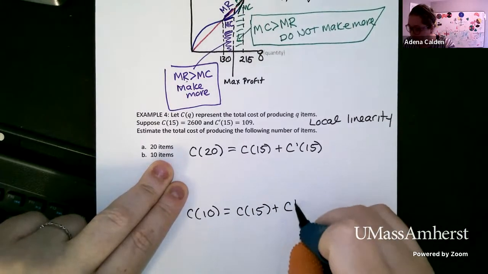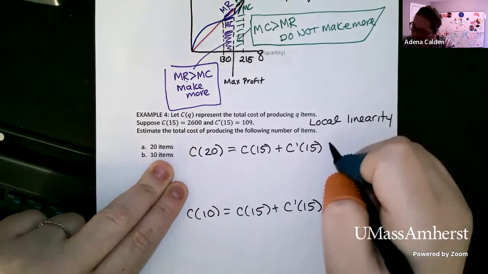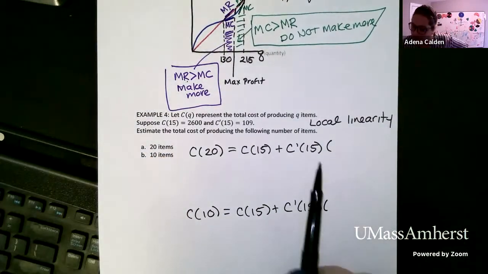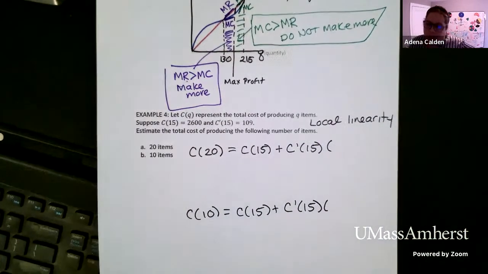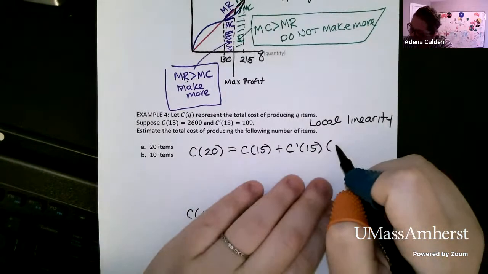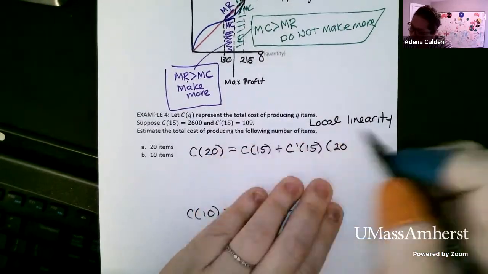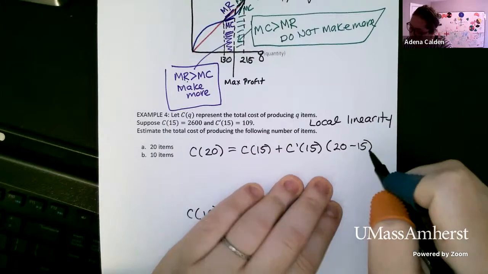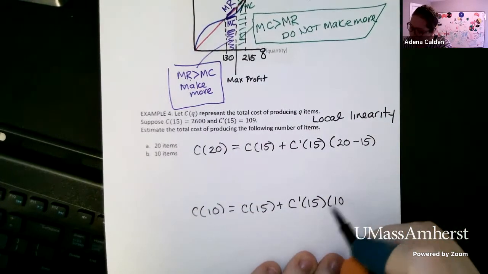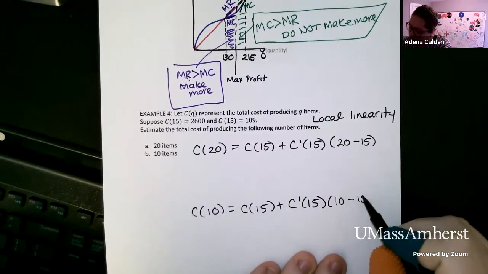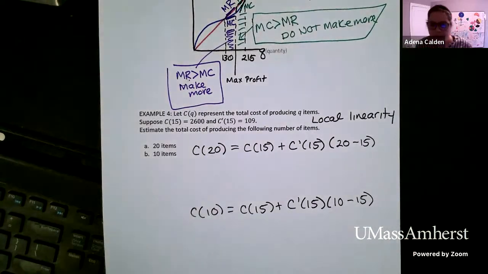That's the information we have. But then we have to multiply the derivative by how far away we're looking. And we said order is important. So here we want to know what's happening at 20, but we're using 15. Here we want to know what's happening at 10, but the information we have is about what's happening at 15.